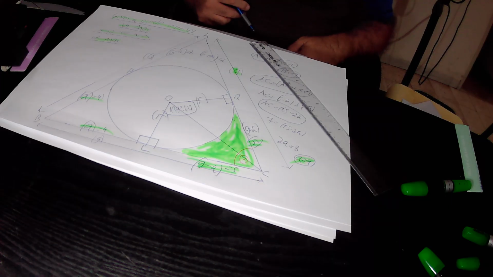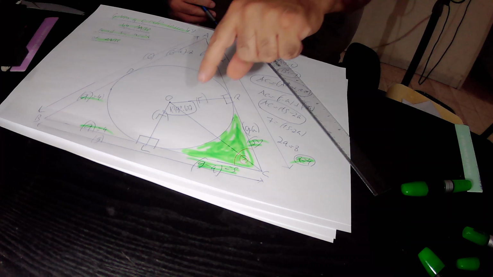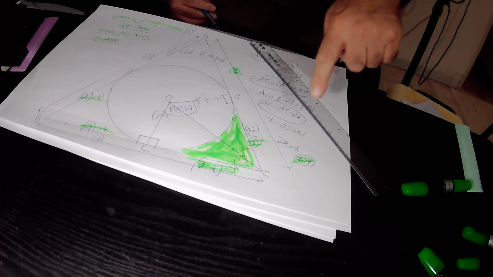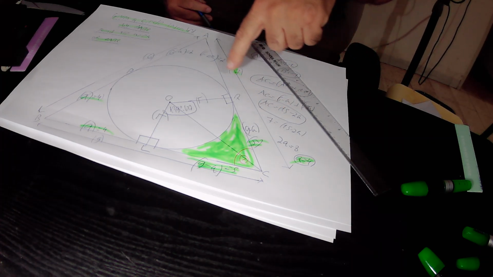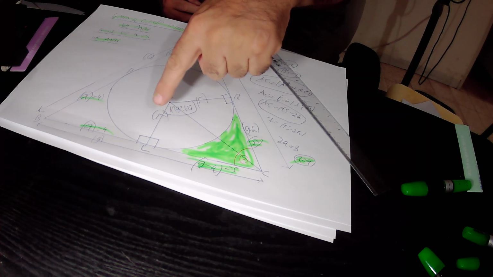Actually, quadrangle QOLC consists of those two right triangles. Therefore, the area of quadrangle QOLC must be equal to the sum of the areas of the two shapes that it consists of. That is to say, it must be equal to the area of this triangle QOC plus the area of this right triangle LOC.